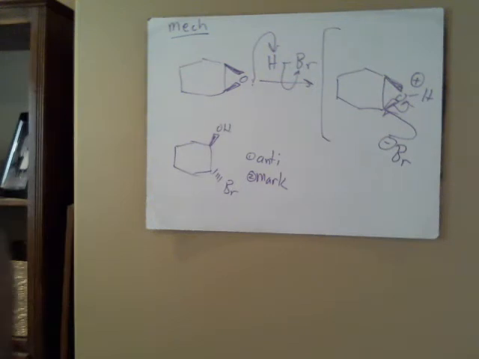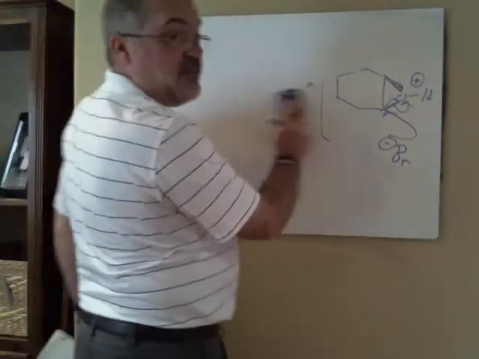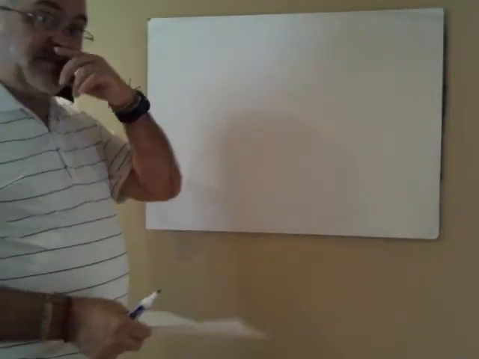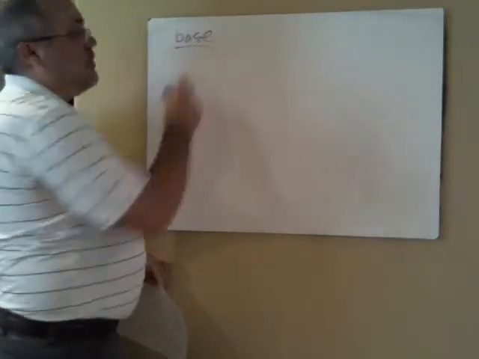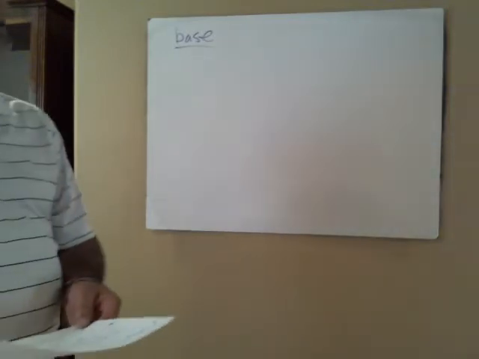Now, another way you can open this ring, you notice these two examples we've just looked at have been acidic conditions. Either a dilute aqueous acid or an anhydrous mineral acid. But what happens if you open this with a base? So different conditions, you can still open it, okay?